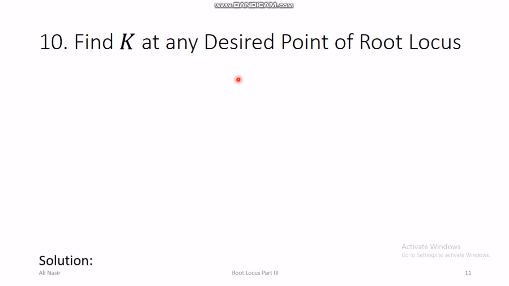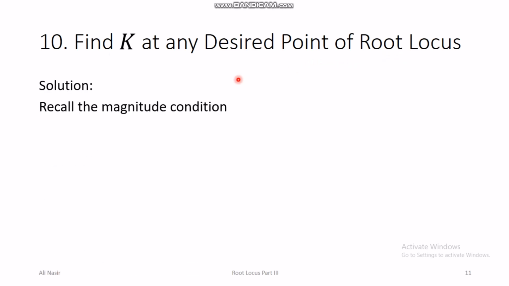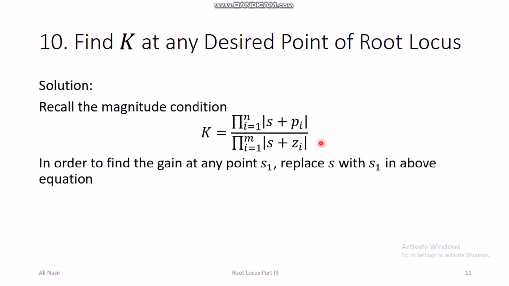This is easy because we have already looked at the magnitude condition, and the magnitude condition gives us k equals the product of absolute values of s plus pi divided by the product of absolute values of s plus zi for all the poles and zeros. When we substitute the value of s in this magnitude condition with the point s1 at which we want to calculate the gain, we get the gain value at that point.